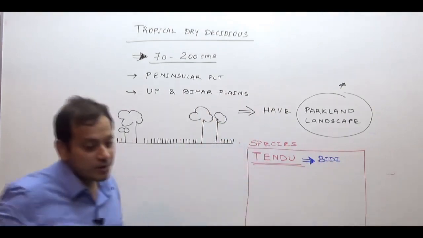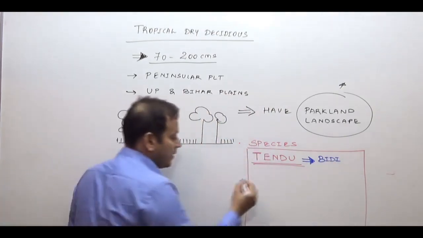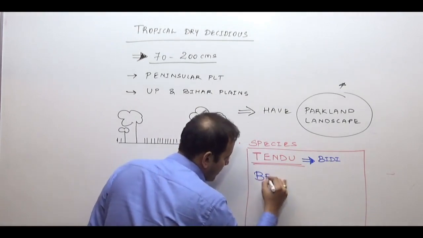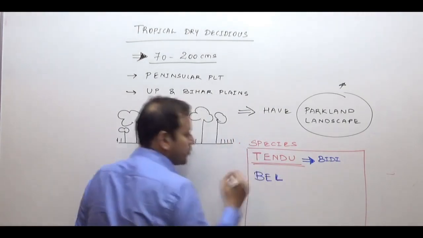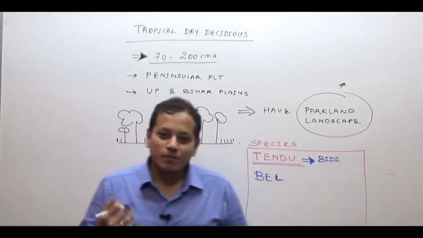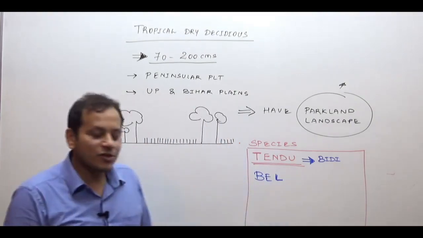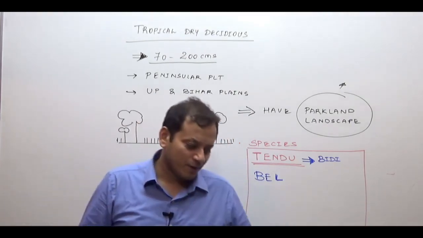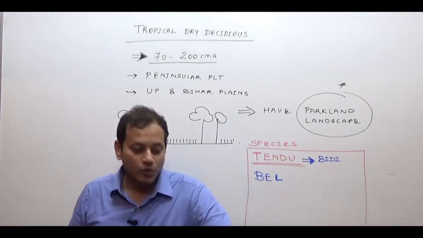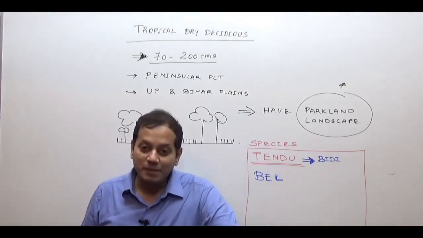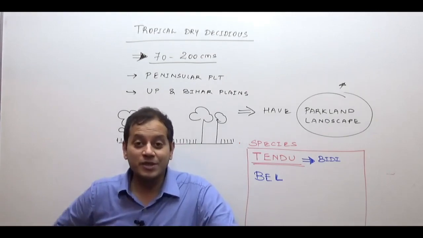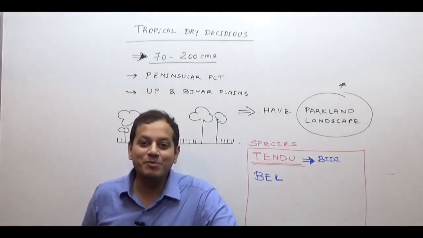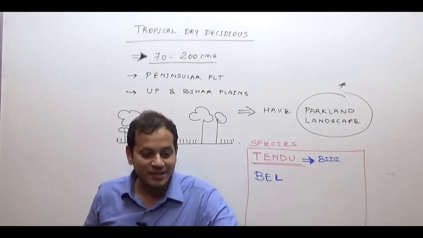The other important species here is bael. Especially my friends in North India are familiar with the bael juice which is taken during the summer season. So bael, you remember, lies in the tropical dry deciduous region.